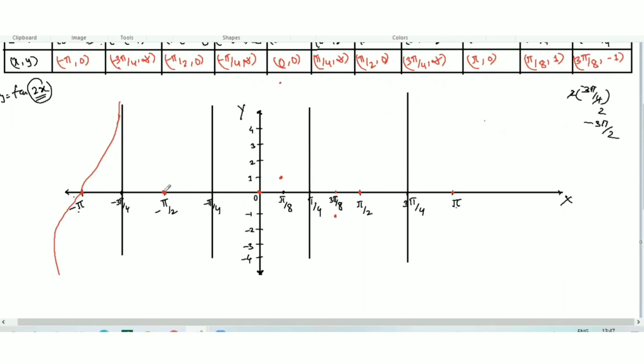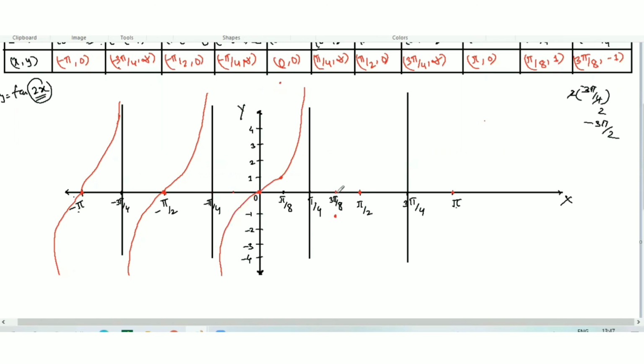And from here, then we have to draw here. As we got one point here, you can also find it here, but here it will go this way.